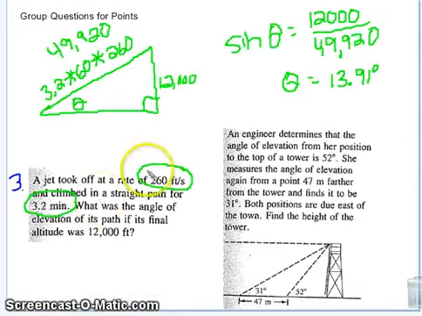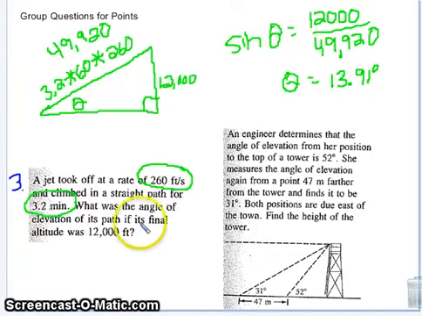Number 3 is significantly different because it does not give us the length of all of the sides. Number 3 tells us that a jet took off at a rate of 260 feet per second and climbed in a straight path for 3.2 minutes.